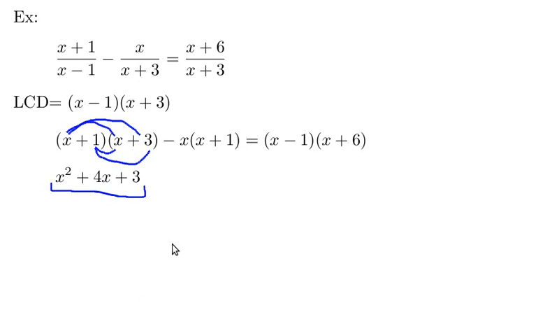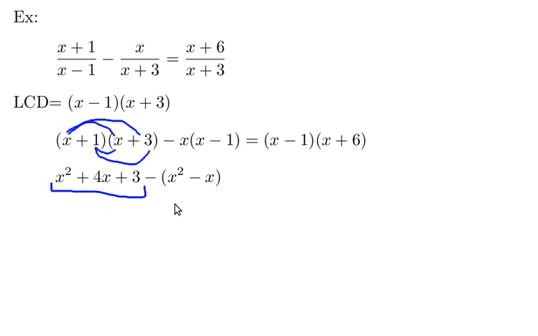I did something wrong. I'm so glad I caught that. That should be x minus 1, because when you cancel with the x plus 3, you're going to have minus 1. Okay, so then we have x minus x squared minus x.